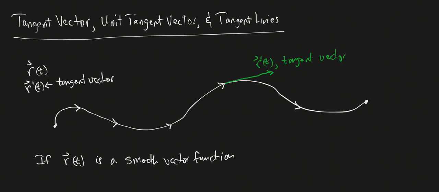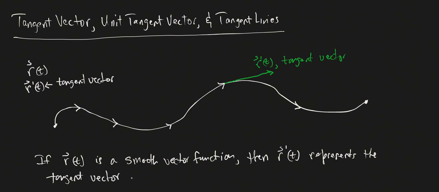If you need to, you should go back and review it. But if r of t is a smooth vector function, then r prime of t represents the tangent vector of r of t, right?